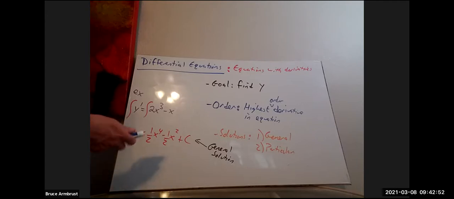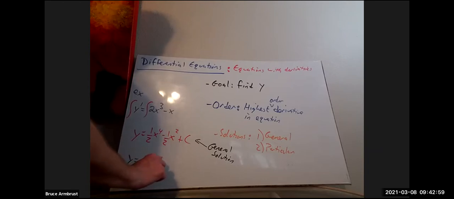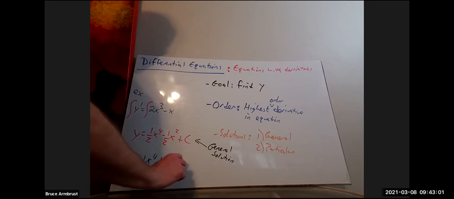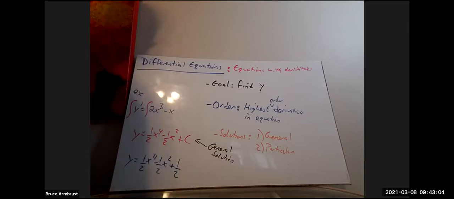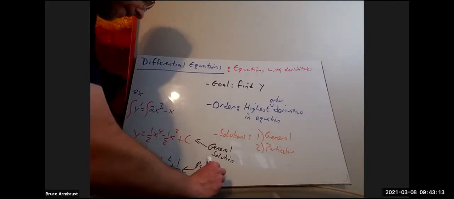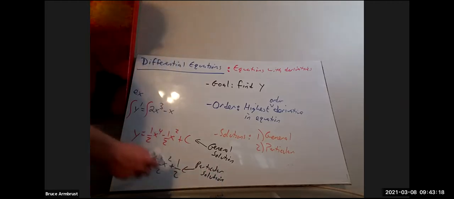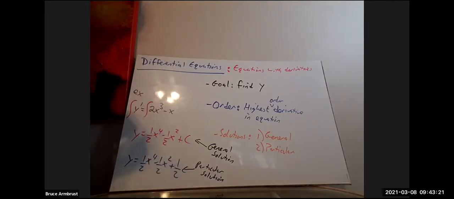And so you may recall that when I first gave you an answer, if I recall correctly, and I might not be recalling correctly, I think I made that a plus 1/2. This one would be a particular solution, because now we've chosen the value for c. It's not, well, any old c anymore. Nope, nope, it's a specific c.